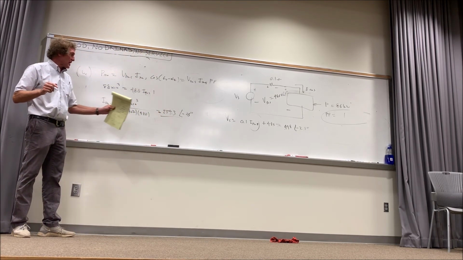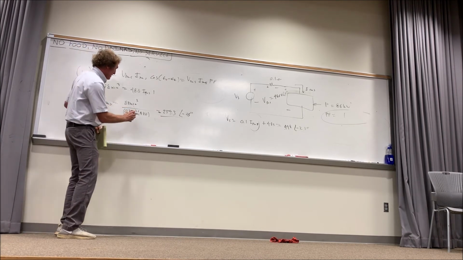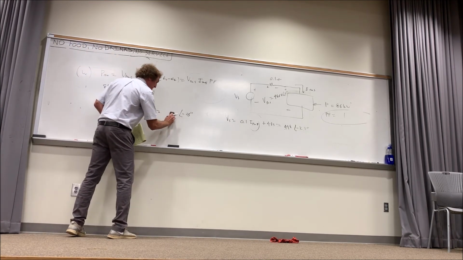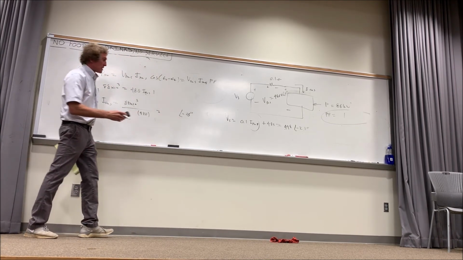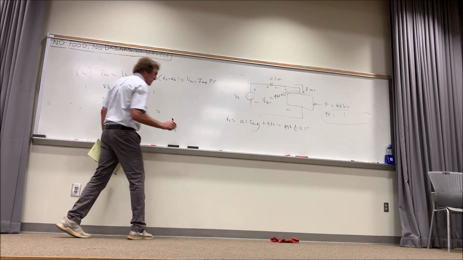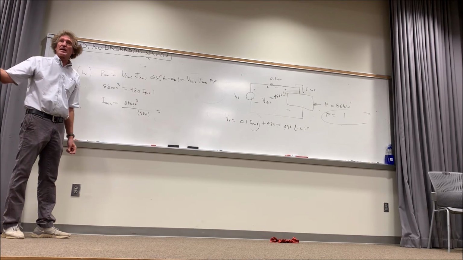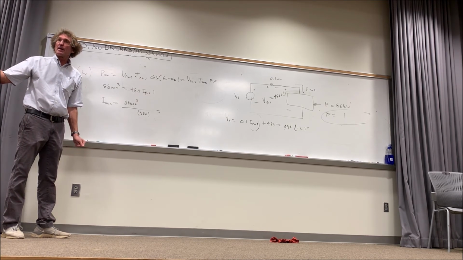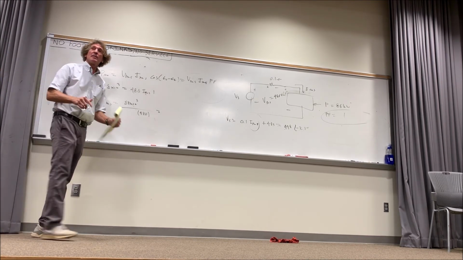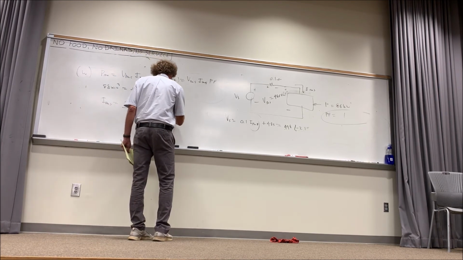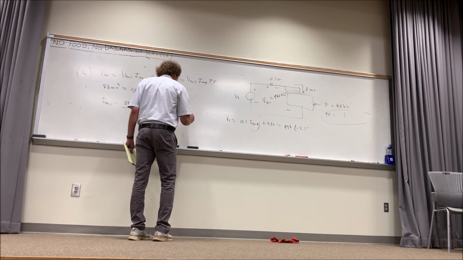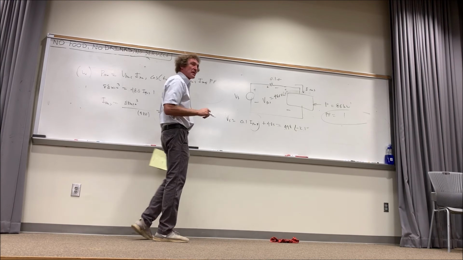And if that's 1, what happens to the actual current? Class, just calculate it for me. It dips by a lot. Just take 88 times 10 to the third divided by 480. Anybody? Help me out. 183? 183.3 at an angle of 0 degrees, right?